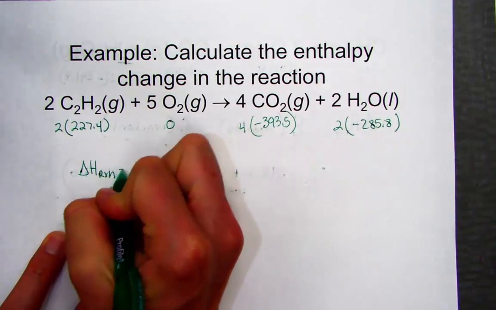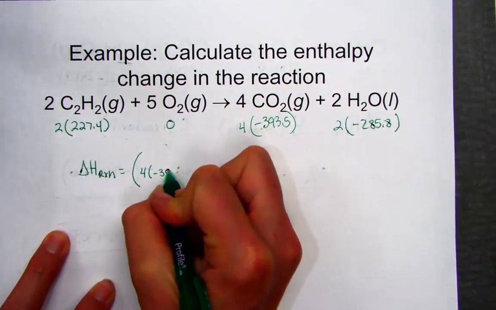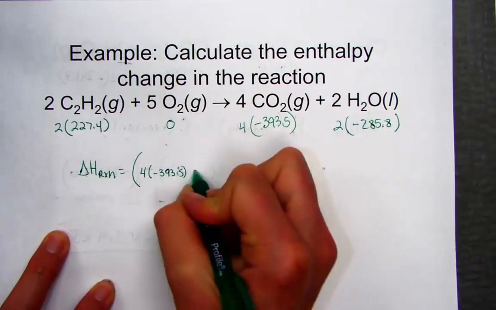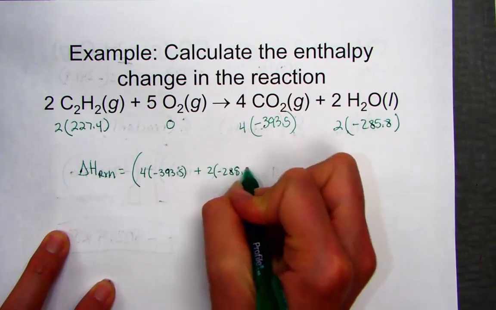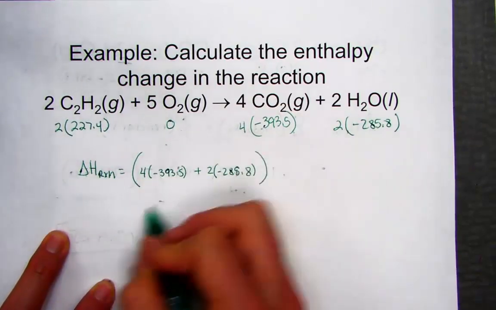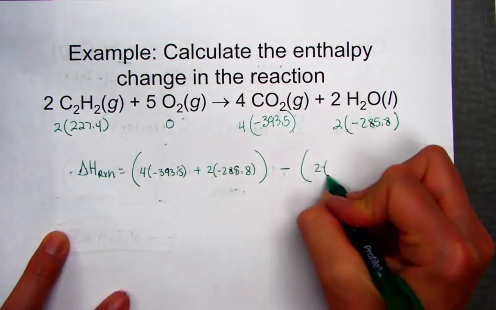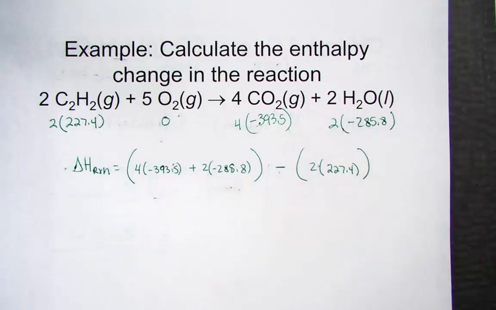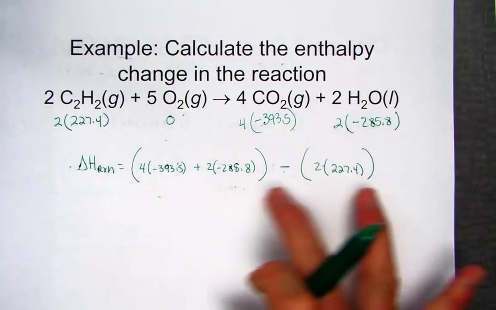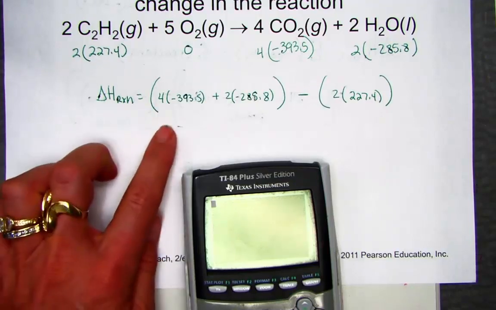The heat of the reaction is found by taking 4 times negative 393.5 plus 2 times negative 285.8, the sum of the products, minus 2 times 227.4. And there's the sum of the reactants. Products minus reactants. Let's hit it together and see what we find.